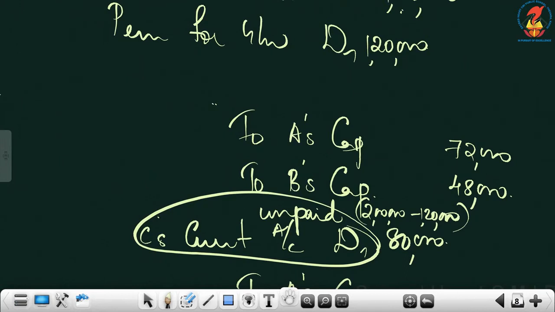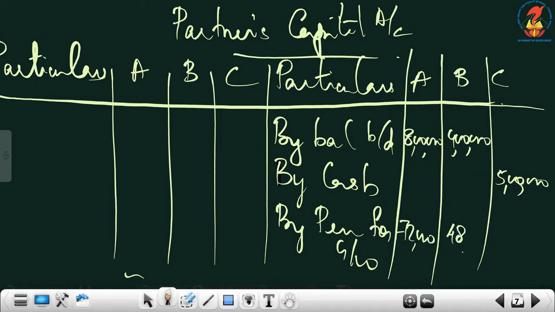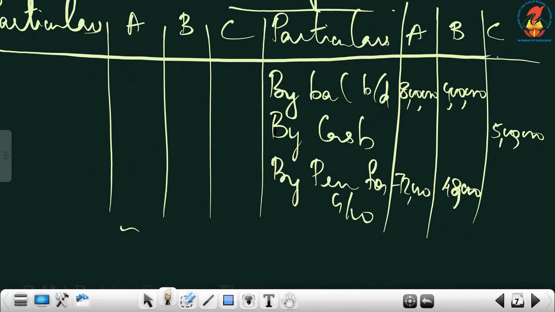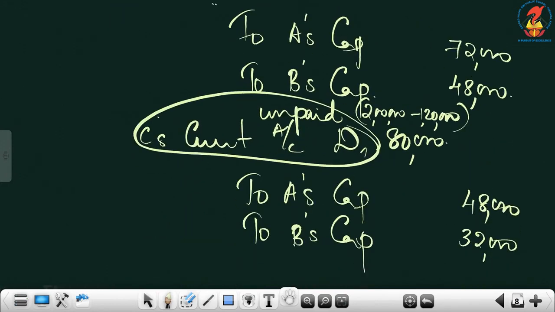By premium for goodwill we will write just those two amounts. It is given, 72,000 and 48,000. Then what is the next one?